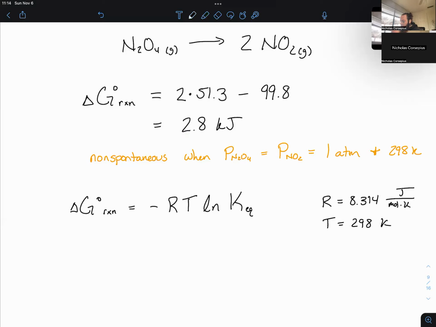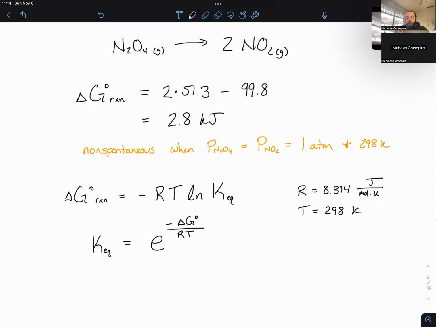So what we're going to do is flip this reaction, figure out the inverse, and that would be the KEQ, the equilibrium constant, is equal to e to the negative delta G naught over RT. Right, so given a reaction here, we can figure out what the equilibrium constant is. We can look at our table to calculate delta G, and then we can figure out what our equilibrium constant is using that equation there.